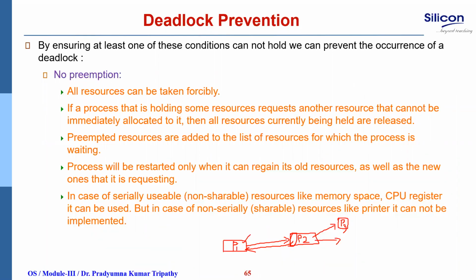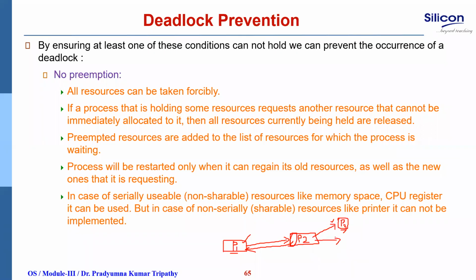P1 is requesting some resource. Those resources are held by P2. And along with these resources, P2 is requesting additional resources. Either these additional resources may be free or they may be held by some other process. If free, then P1 has to wait, going to the waiting state, because P2 will definitely finish and P1 will get them.